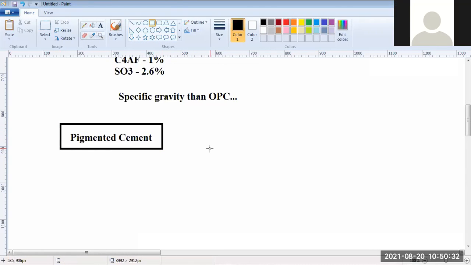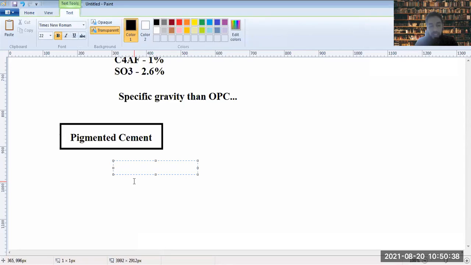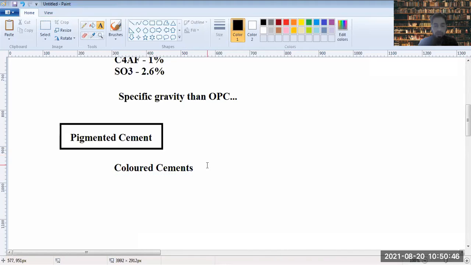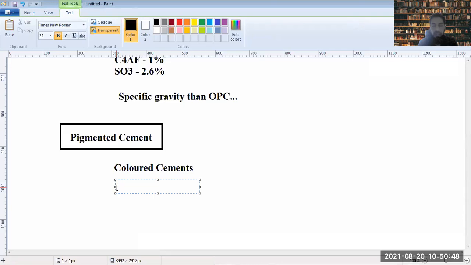It is actually a colored cement, you can say. The white cement is a white colored cement, and these are all colored cements. They are not usually used because the production involves a lot of expenditure, and the process is quite difficult to maintain the color of the cement.